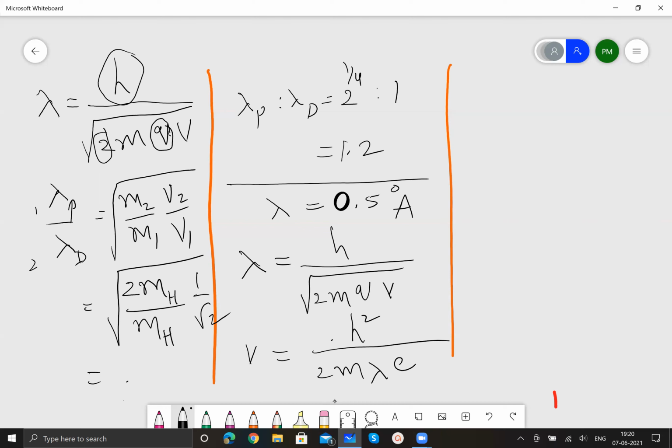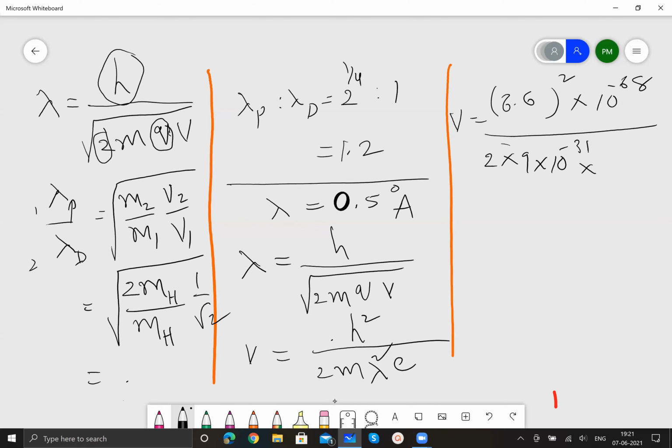So it is 6.6 whole square into 10 to the power of minus 68, because minus 34 whole square. Lambda will also be squared. Then 2 into m into 9 into 10 to the power of minus 31, into lambda square.